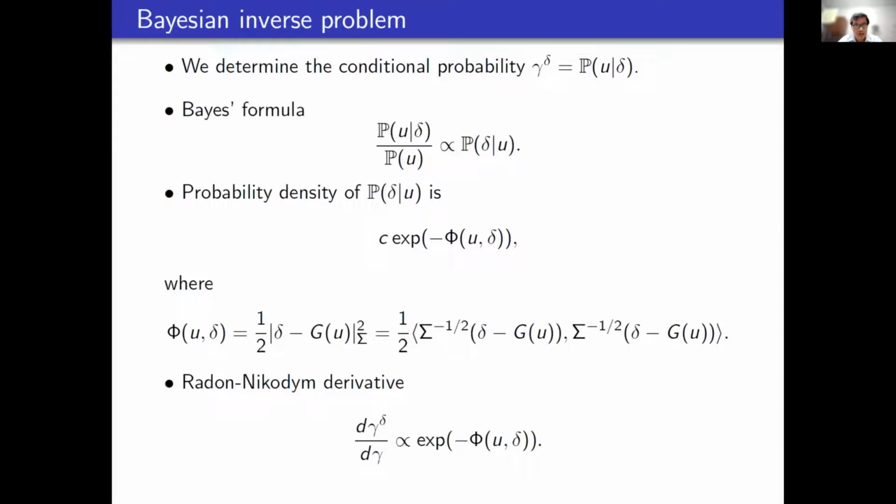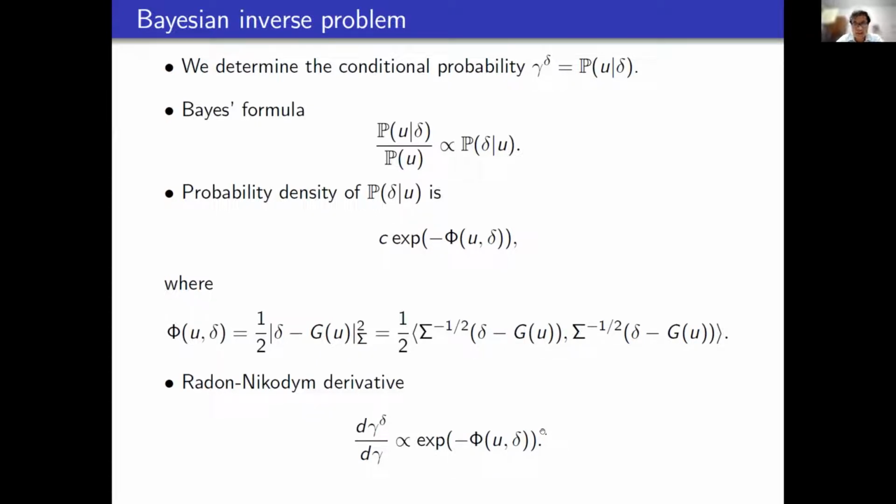So from here we can write the Radon-Nikodym derivative of the posterior with respect to the prior. So this is what we have. I have d gamma^delta, but d gamma^delta over d gamma is proportional to e raised to this minus Phi(u, delta).